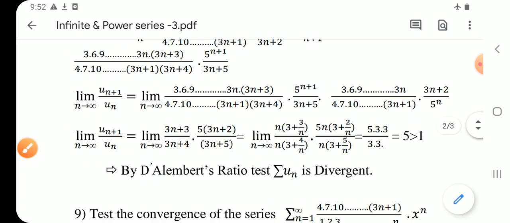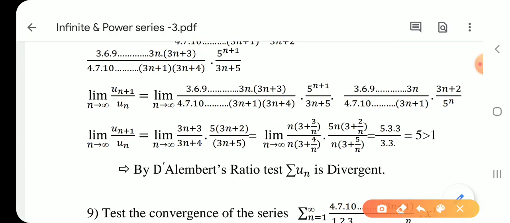When you cancel the like terms, you get these remaining terms. From each term in the numerator and denominator, take n common and cancel again. Finally, you are left with 5 into 3 into 3 divided by 3 into 3, which is 5. 5 is naturally greater than 1. Hence, the sequence is divergent.